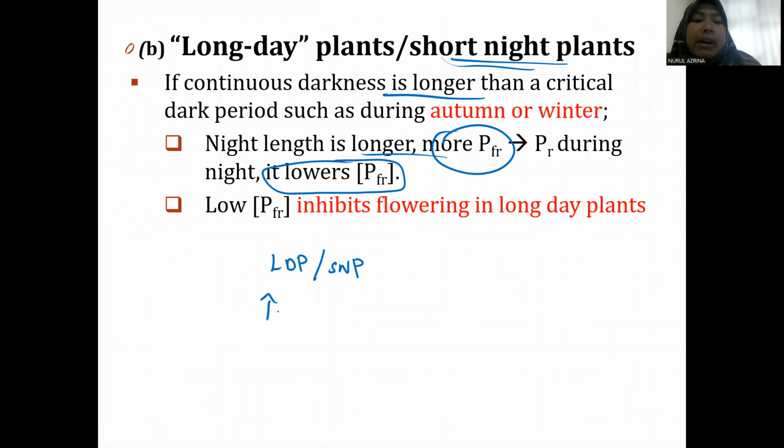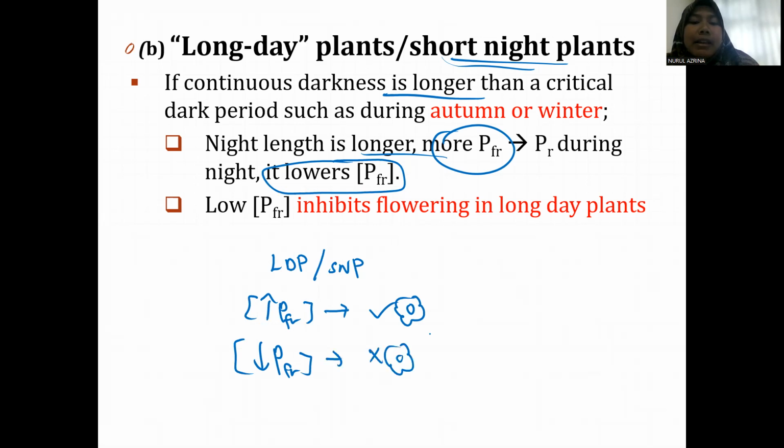So your PFR level is high. So high concentration of PFR will stimulate flowering. And low concentration of PFR, right, will inhibit flowering for short night plant, right?